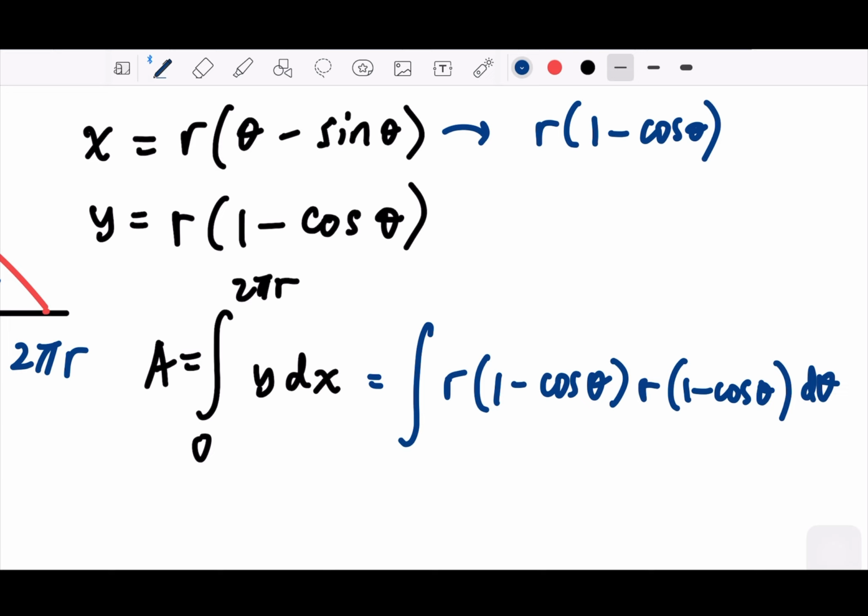And now the endpoints are also changing, because we now only look at theta, so we have theta from 0 to 2 pi. Okay? 0 to 2 pi.